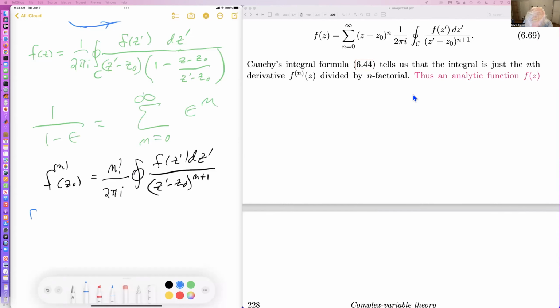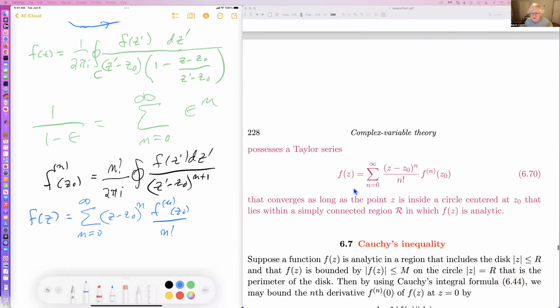And so we can rewrite this sum, let me switch maybe to blue here. F of z then is, as we wrote it up there, a sum n equals 0 to infinity of (z minus z0) to the n, and then what's left there is the nth derivative at z0 divided by n factorial.